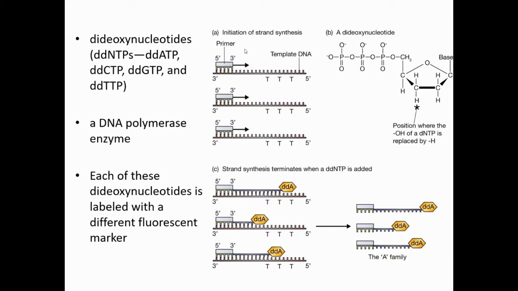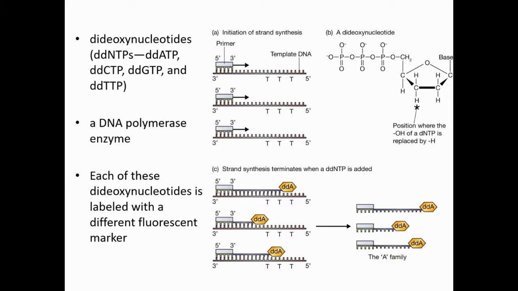Plus, in this particular experiment, we add a dideoxy ATP, all right? That means when you mix everything together, by chance, wherever you need to incorporate the dATP, the dideoxy ATP could be incorporated.